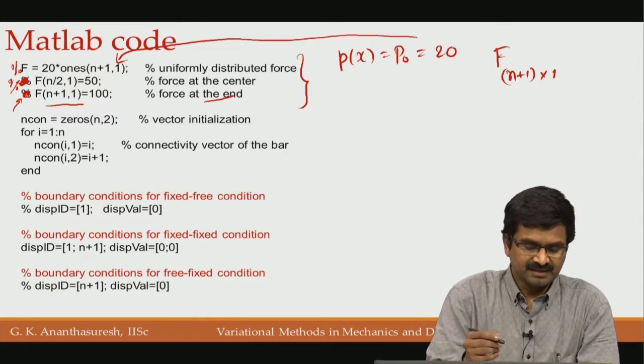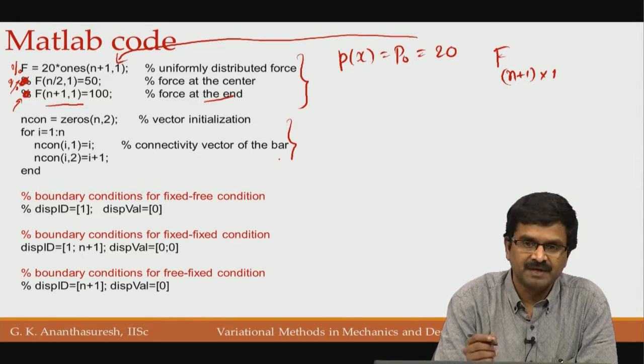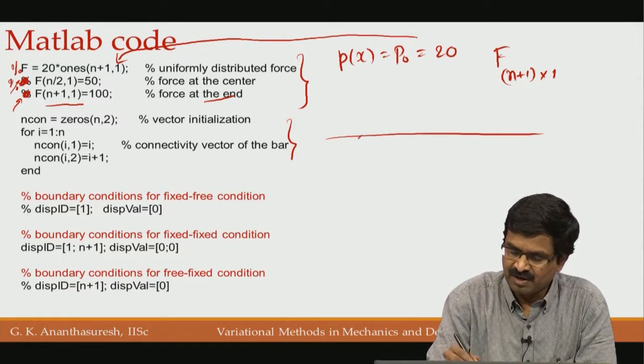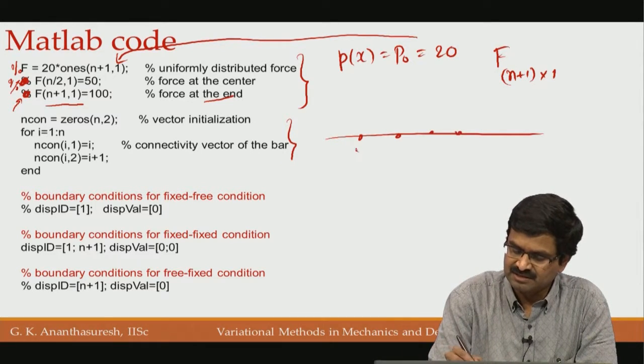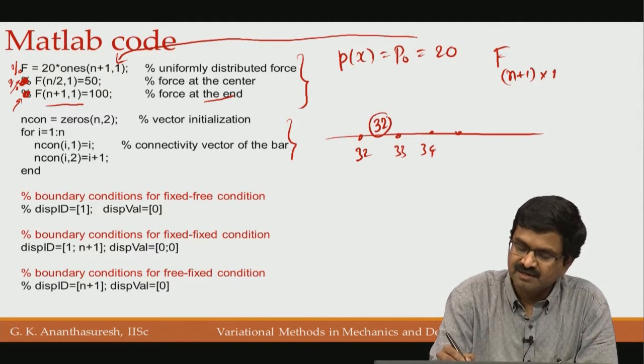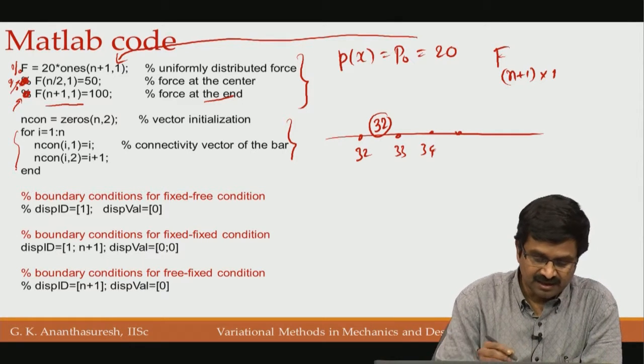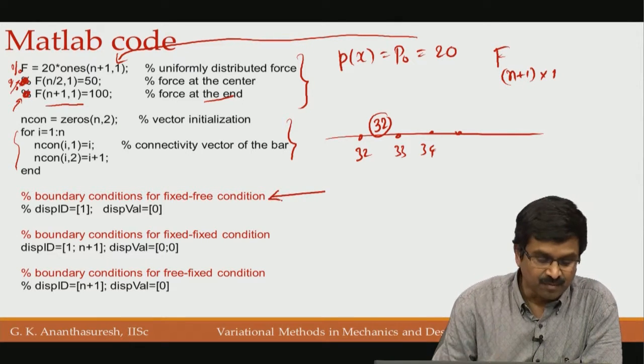And then there is this connectivity to say which nodes make up an element. So, if I have a bar and several nodes here, let us say this is 32, 33, 34, then 32 and 33 make up, let us say, 32nd element. That is what this connectivity does. And then most important thing for us, the boundary conditions.